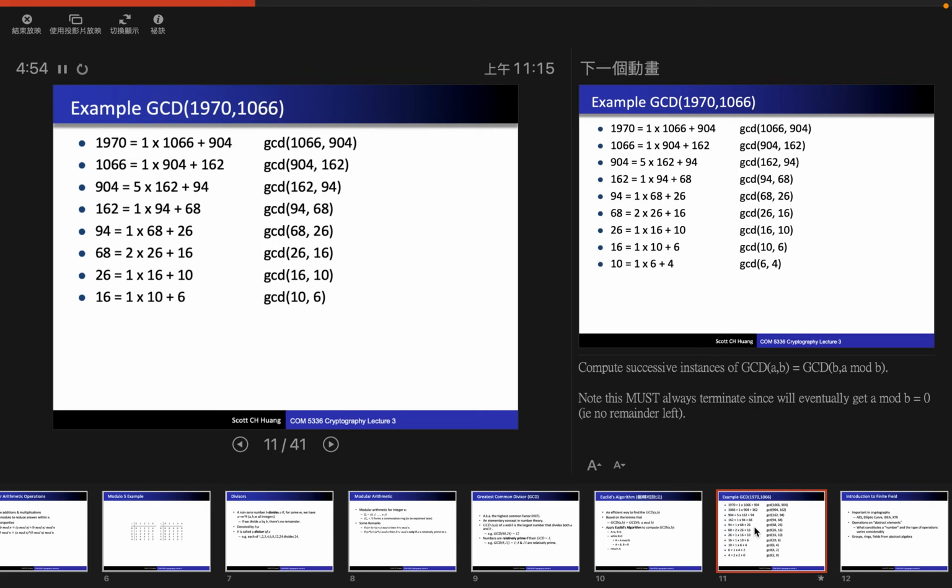So this is only part of the algorithm. It's finding the GCD. Okay? This algorithm can be extended to find the multiplicative inverse. Now we will explain later. The multiplicative inverse plays a huge role in the area of arithmetic. And we'll talk about this later.